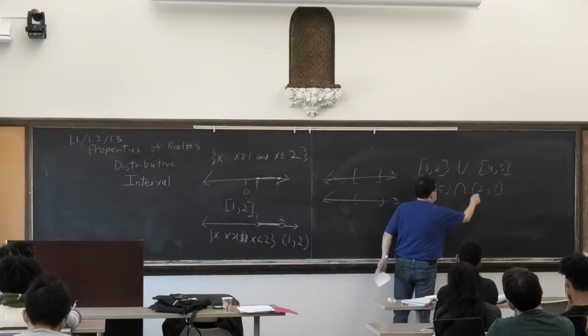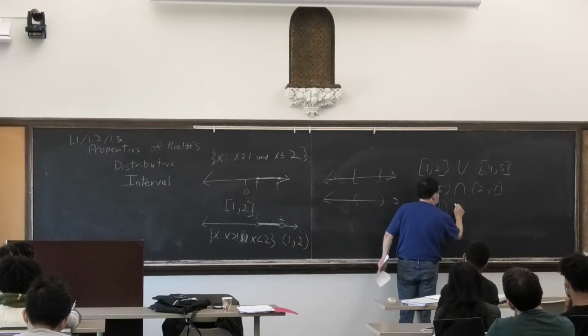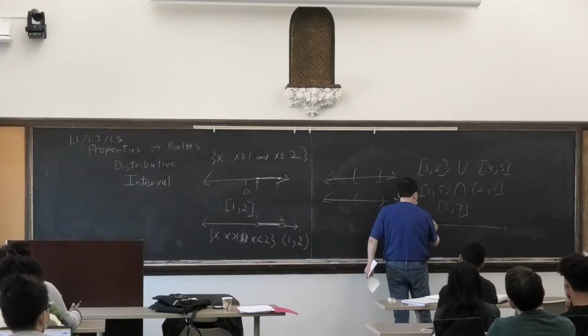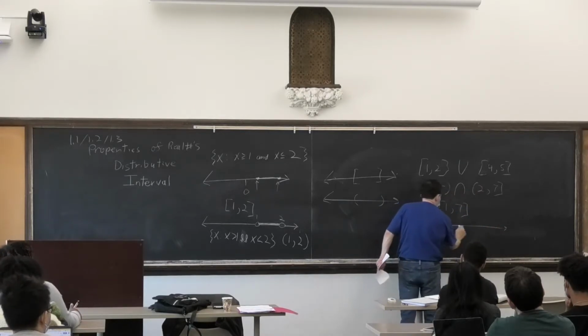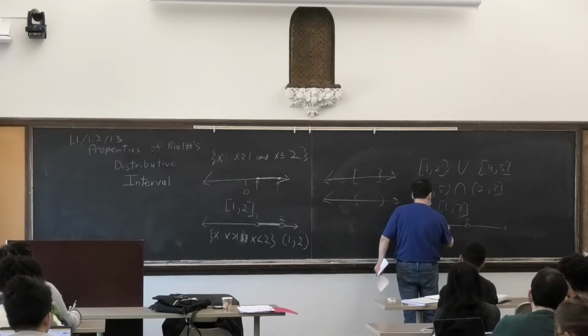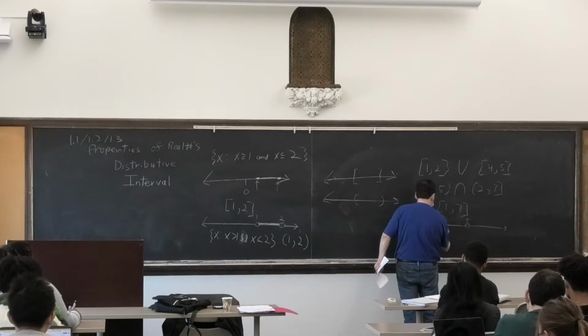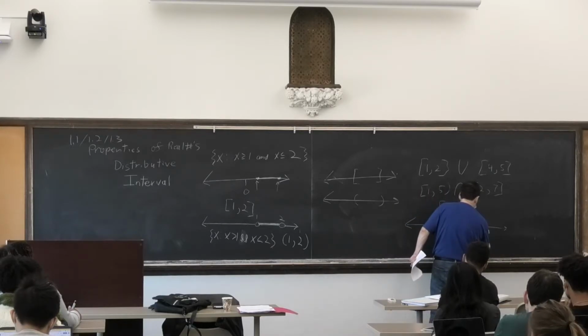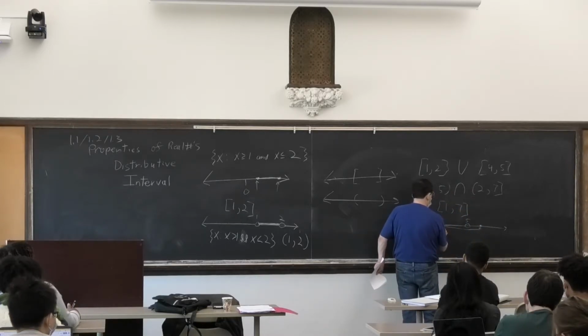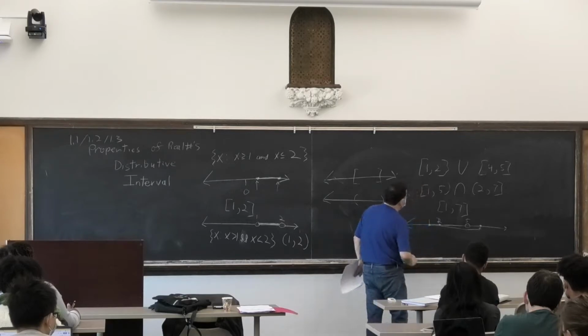Well, there's some overlap here, but this just includes everything. And if I figure it out, 1 to 5, and 2 to 7. Well, did I do that wrong?